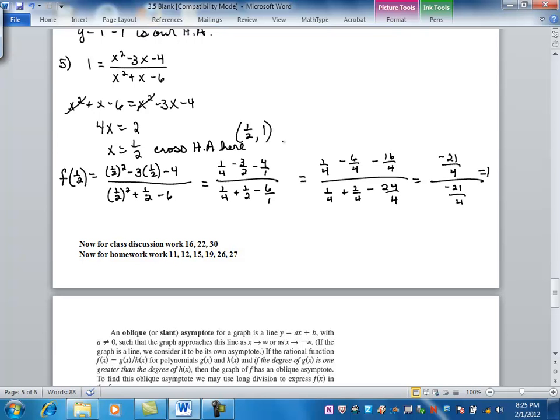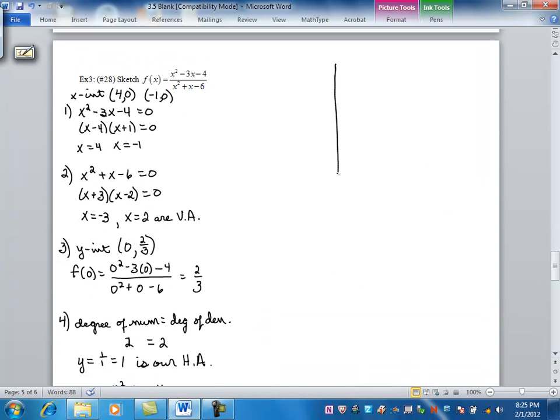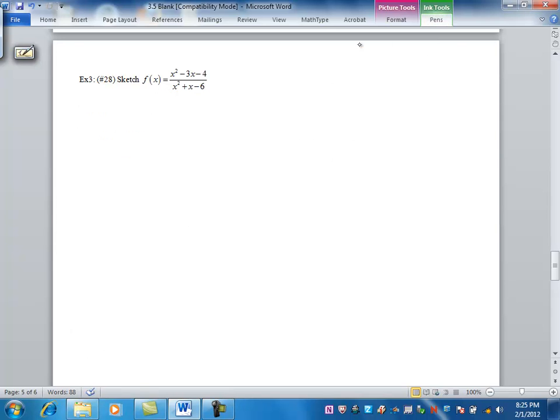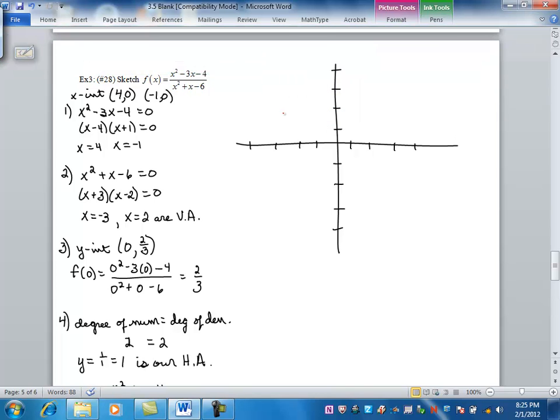And so, let's put this knowledge to work for us here. Let's draw out our graph. And let's see here. Alrighty, I've got x-intercepts at (4, 0) and (negative 1, 0).